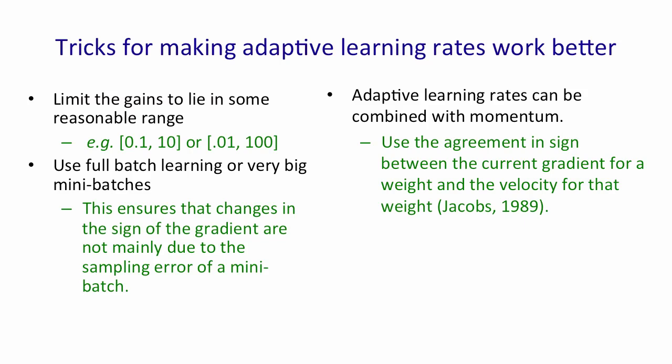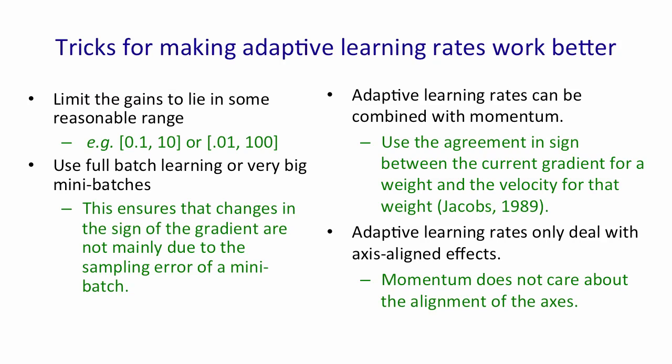And if you do that, you get a nice combination of the advantages of momentum and the advantages of adaptive learning rates. Adaptive learning rates only deal with axis-aligned effects, whereas momentum doesn't care about the alignment of the axes. Momentum can deal with these diagonal ellipses and go in that diagonal direction quickly, which adaptive learning rates can't do.